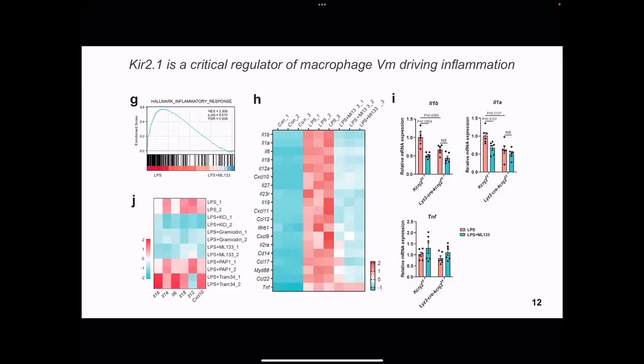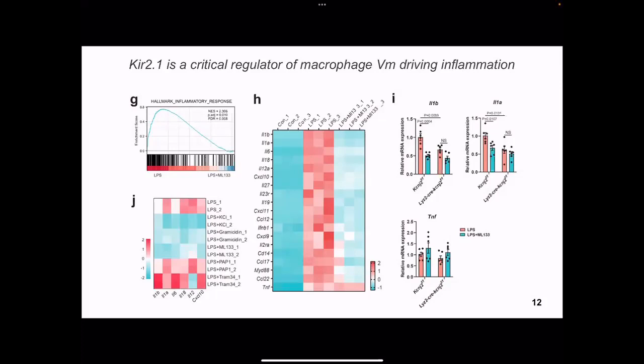And consistently, we found a similar reduction of IL-1 beta and IL-1 alpha transcription by either ML133 or the KIR2.1 deficiency, with no change in TNF alpha production. In addition, the absence of additional effects of ML133 in the knockout macrophages further confirmed the specificity for KIR2.1.